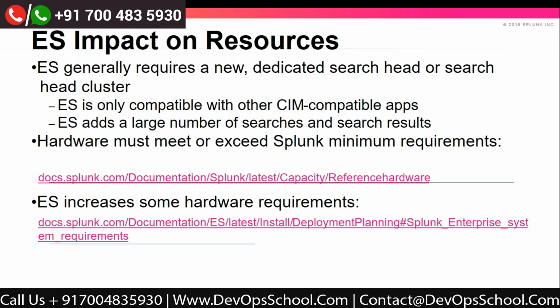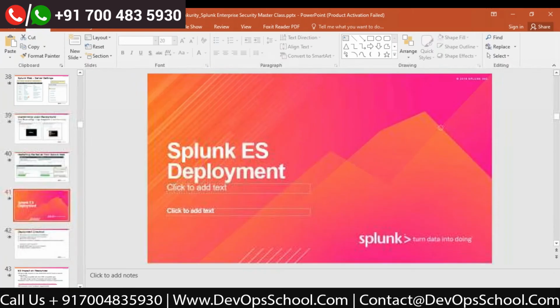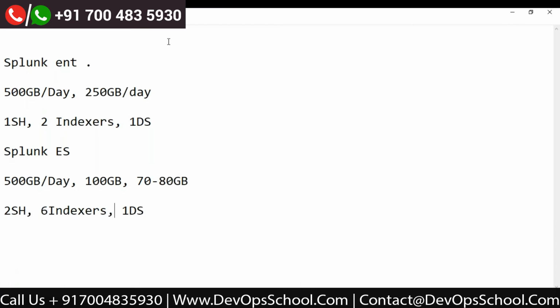One more thing I forgot to tell you. When we are discussing sizing, let's consider you require 1 TB of storage. For Enterprise Security, we require storage that will be 3.4 times 1 TB, because it heavily depends on the data model, and data models have .tsidx files, which consume very large space.